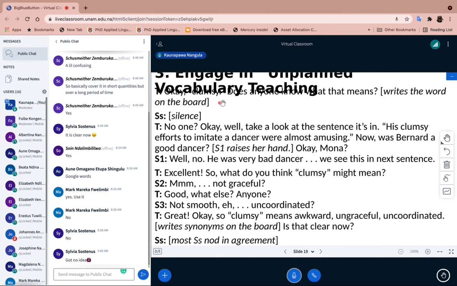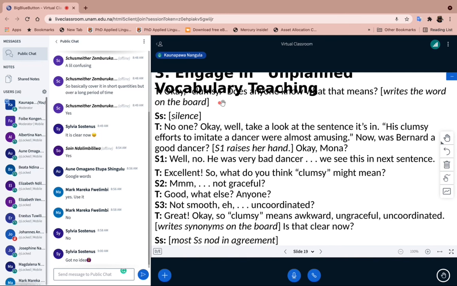Okay, well, take a look at the sentence it's in. His clumsy efforts to imitate a dancer were almost amusing. Now, was Bernard a good dancer? So one student raised their hand. Okay, Mona.